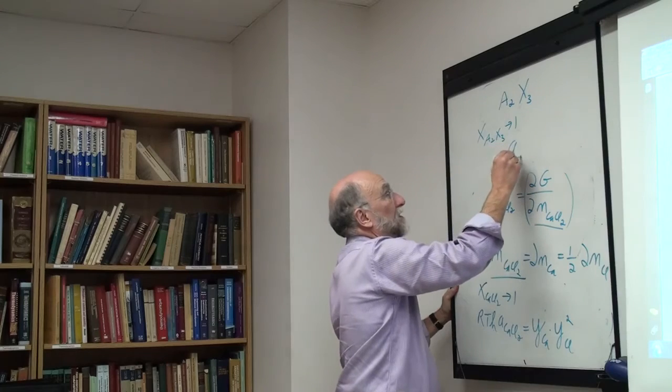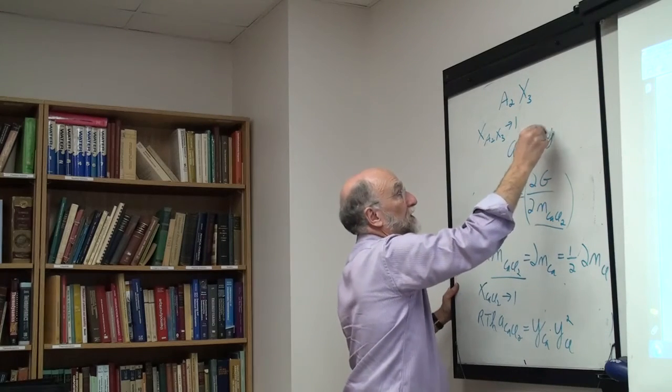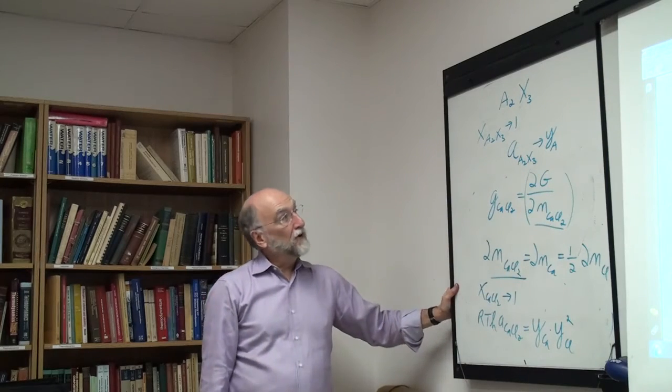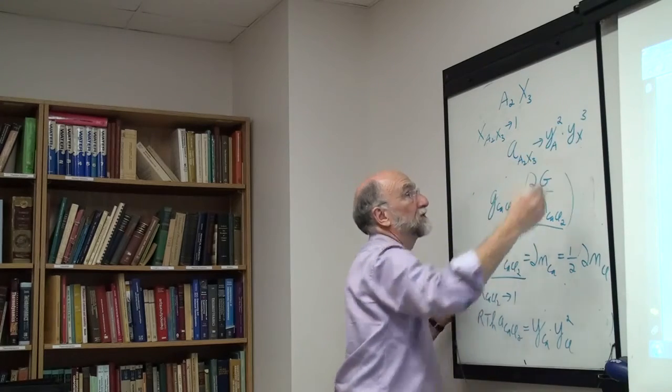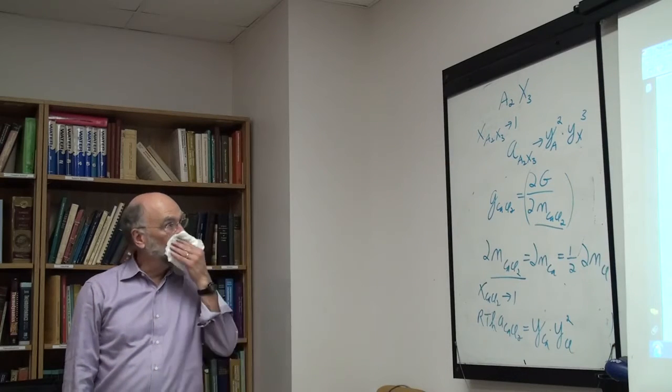The activity of A2X3 in Raoult's law then approaches the site fraction of A squared times the site fraction of X cubed, and so on. Just your limiting ideal equation.